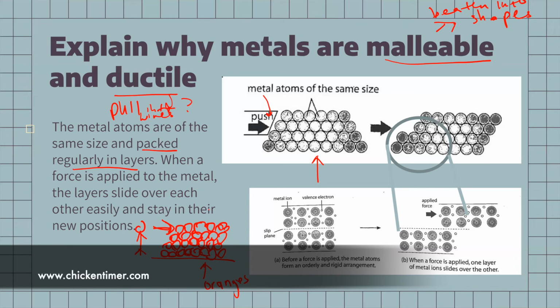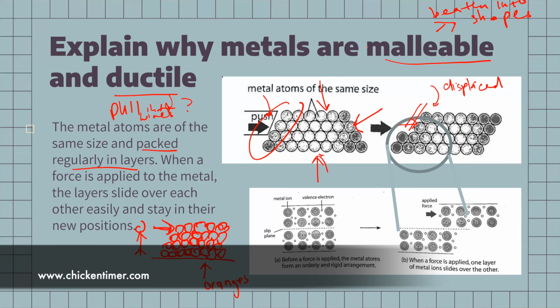So metal atoms will behave the same as the oranges. When you push them here, that layer will move. So you see this one get displaced. They move backwards. So if you have the hammer and you beat your hammer, that means you can hammer in different directions.